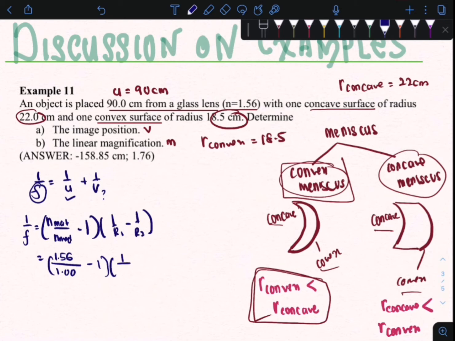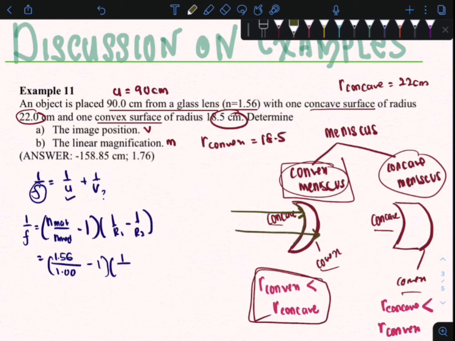Since it is a convex meniscus, you have to make sure your light ray comes from the same side and hits the surfaces. Let's say we have our light ray coming from the left. It hits the first surface, and then it hits the second surface.